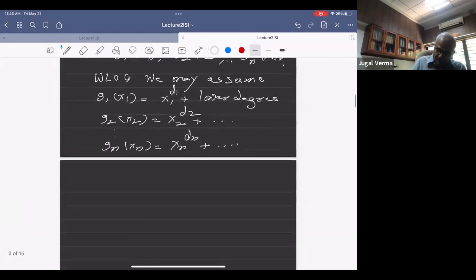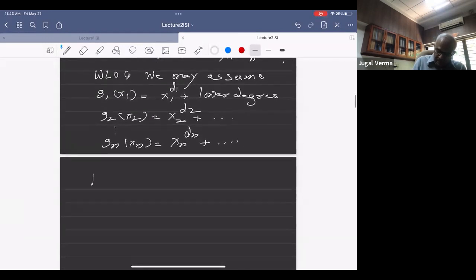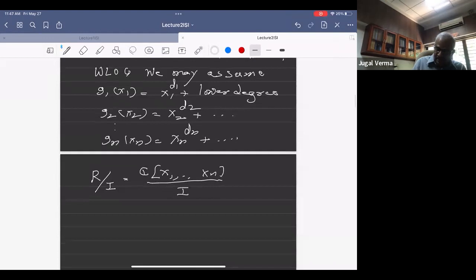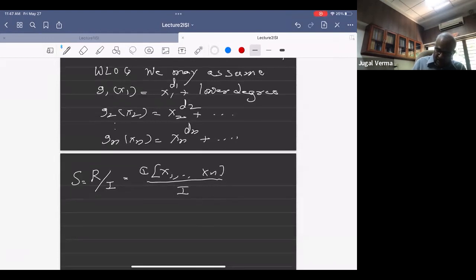Now look at R mod the ideal I, where I is the ideal generated by the defining equations f1(x1, ..., xn), and this ring is a complex vector space. S is a C-vector space.